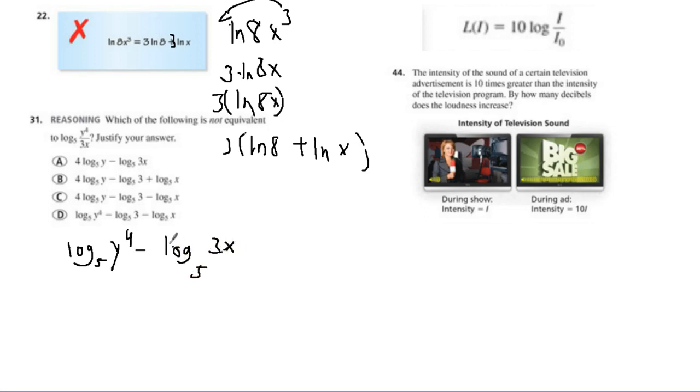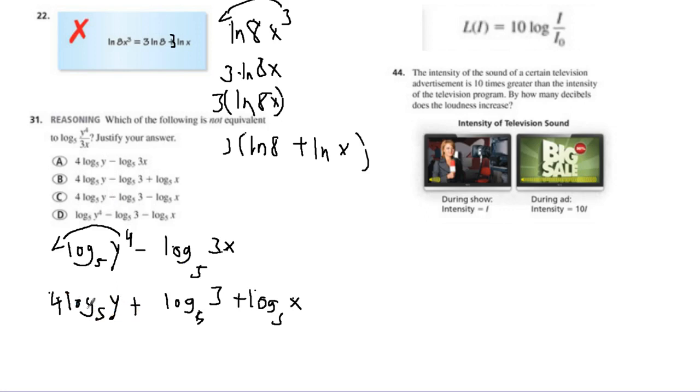And since there's 3 and x right here, we can separate it even further. We'll get log base 5 of 3 plus log base 5 of x. And then there's an exponent inside of the log, so we can transfer that to the beginning. So this is your correct answer.